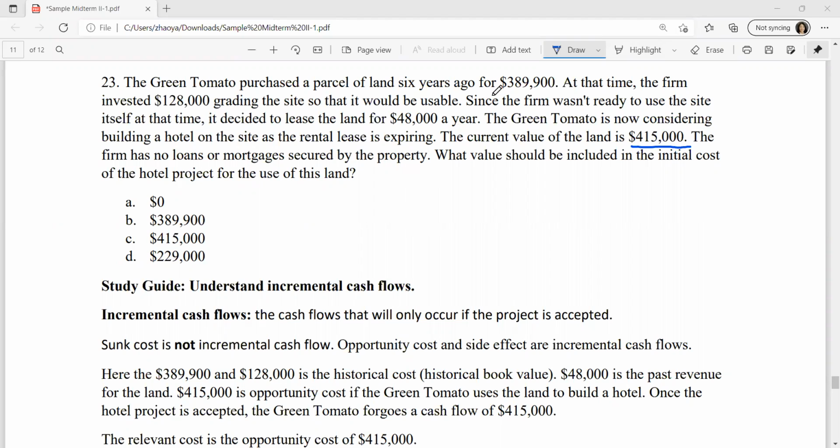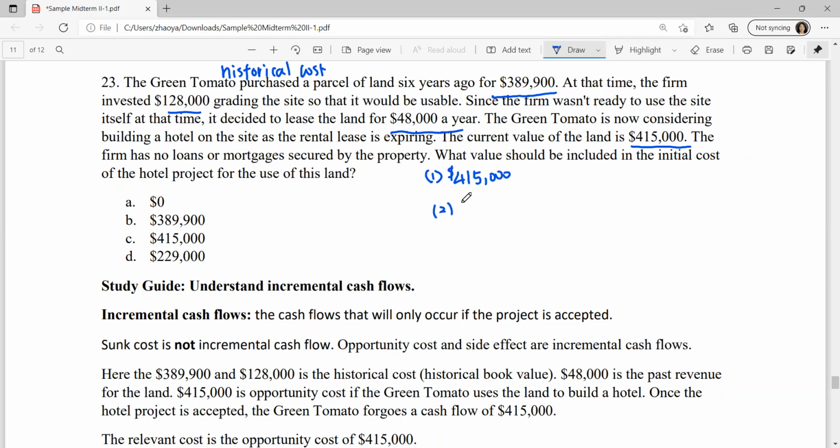So the costs here are book value cost or historical cost. And the leasing has expired, so it's irrelevant. Currently, the company has two options. The first option is to sell this land and receive $415,000.